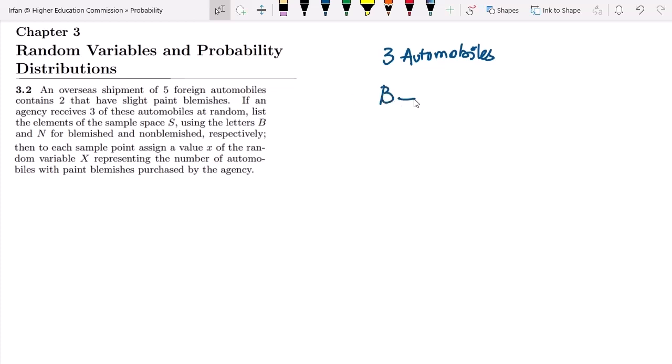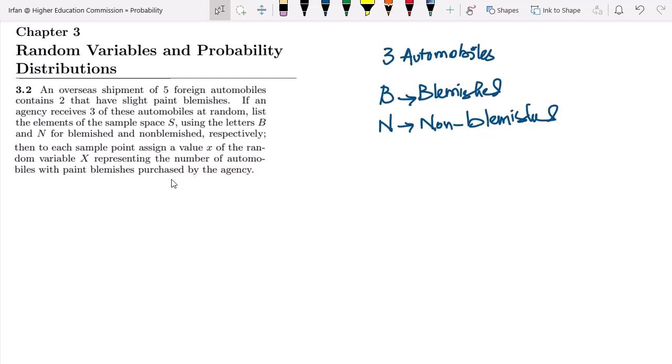So B for the blemished, okay, and N for the non-blemished. So respectively, then to each sample point assign a value x of the random variable X representing the number of automobiles with paint blemishes purchased by the agency, okay.